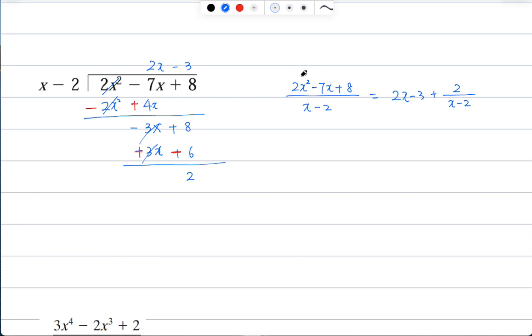This part is the original polynomial, this is the divisor, this portion is the quotient, and this is the remainder.